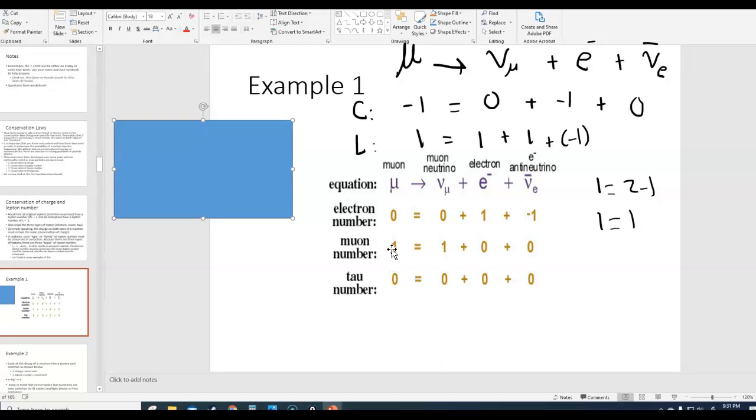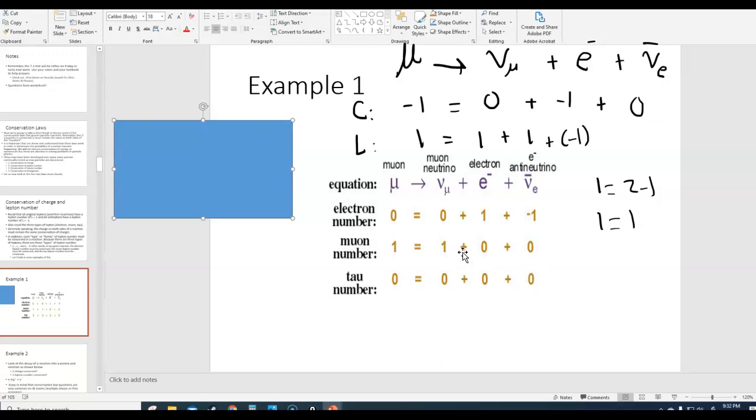Because it's in the muon family. Same thing with the muon neutrino. It has an electron lepton number of 0, a muon lepton number of 1 and a tau lepton number of 0. The electron has an electron lepton number of 1 and 0, 0 for the other numbers, and then you can see the anti-electron neutrino would be -1, 0, 0.